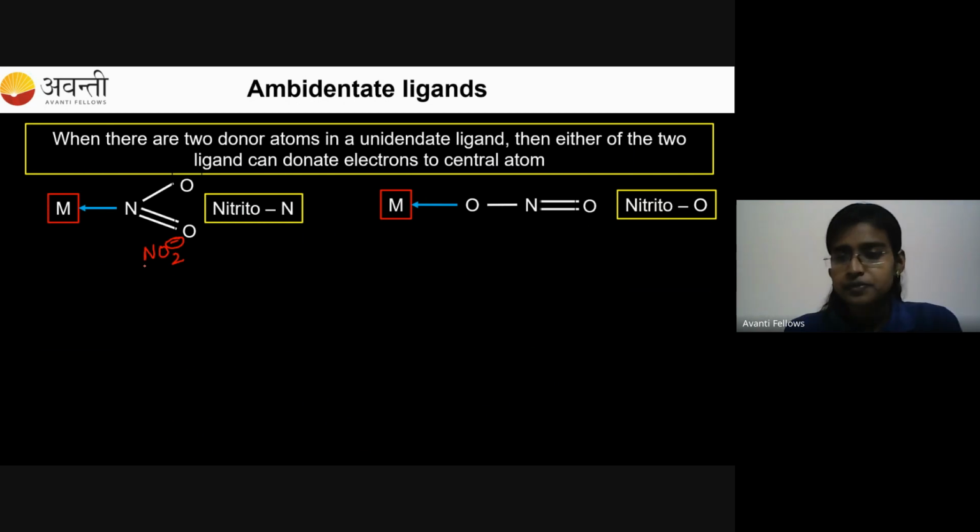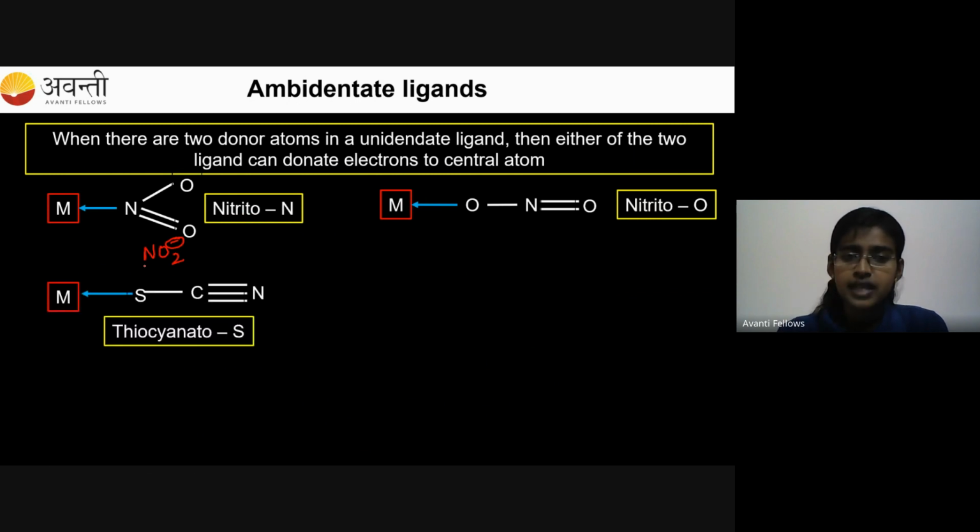Clear? So are you able to find the difference between polydentate or bidentate ligands and ambidentate ligands, right? Bidentate ligands can donate 2 electron pairs or 3 electron pairs at a time for a single ligand. But here, a single ligand can have only one donating site at a time, but there are two different donor sites, donating atoms. So this is one example.